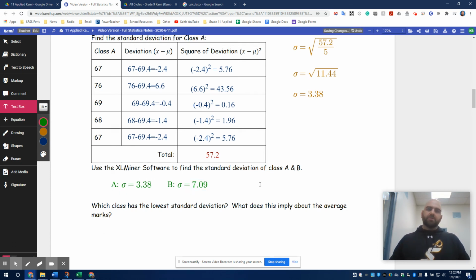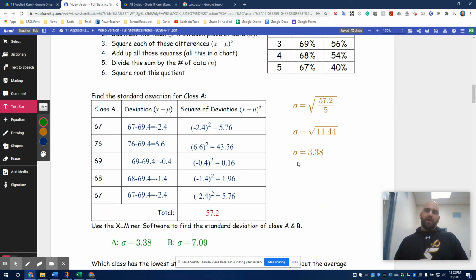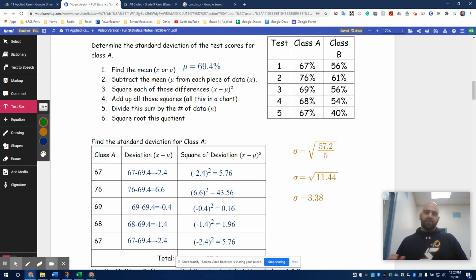So we have these two different values. We've gone through how to find standard deviation. We can do some more practice with that in a little bit, and there will be some on the assignment as well. These are the standard deviations for our two classes. Class A has a standard deviation of 3.38. Class B has a standard deviation of 7.09.